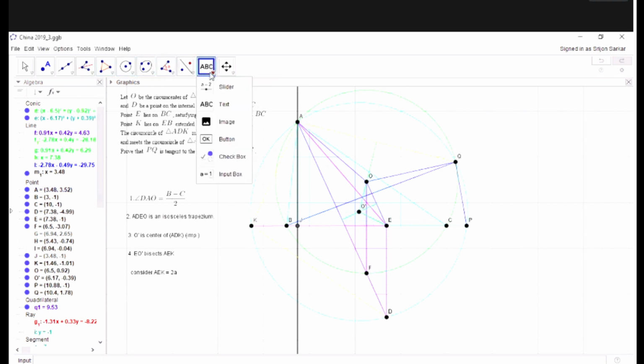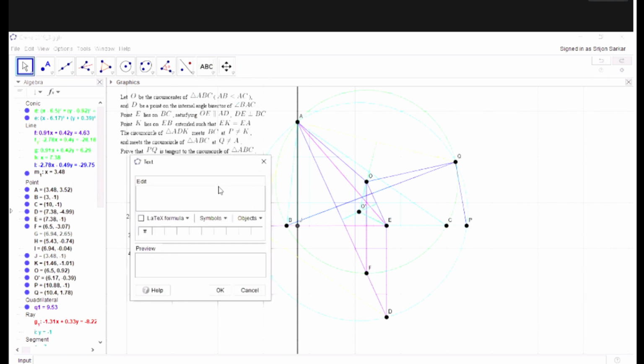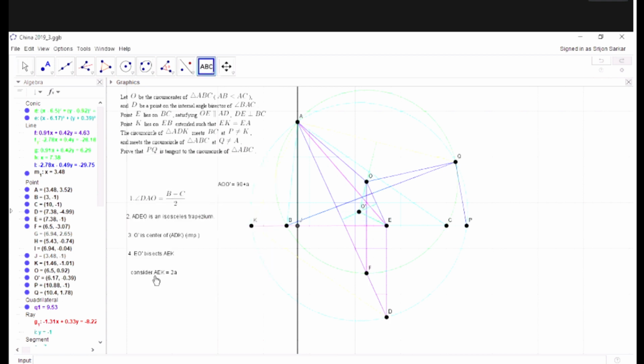Yes, let me write down for others. AO dash equals 90 plus alpha.